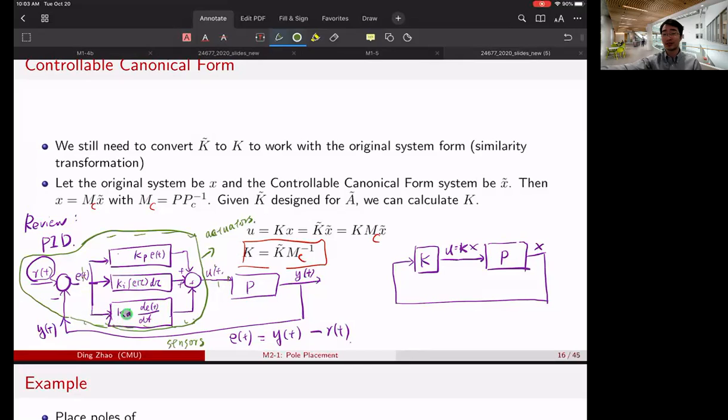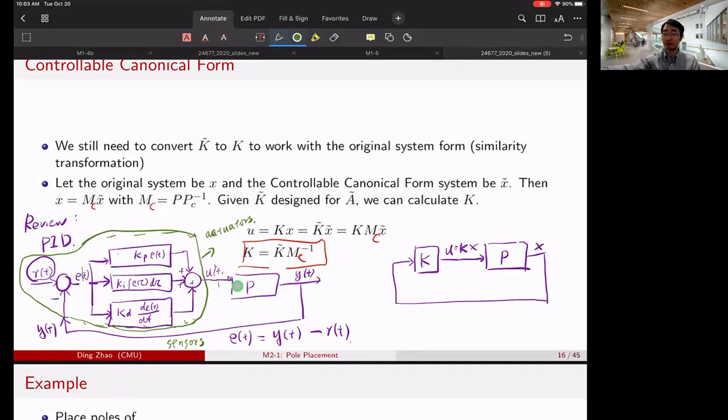With KI, you can increase the speed, and with KD, you can damp out some of the overshoot. So with this combination of these three things, you can control the system and make the output be the desirable R(t). So this is a PID.